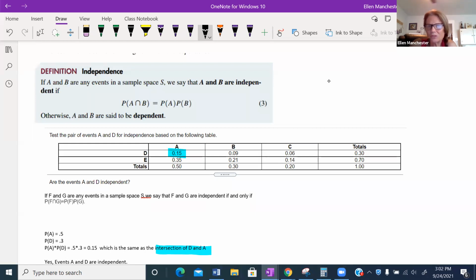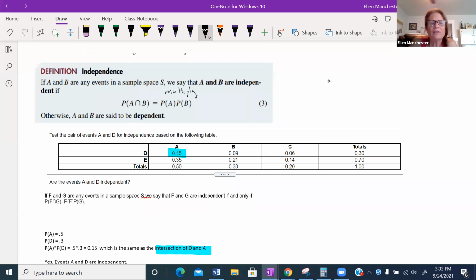That's what this is showing. This is showing multiplication. So if I multiply their probabilities and it is the exact same value as where they intersect, then they are independent events. In other words, there's no crossover between them.